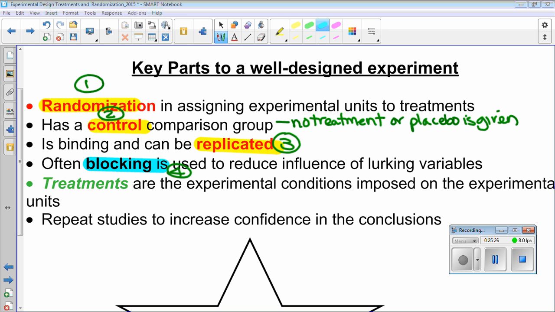Back to the heart medication, or the aspirin versus placebo. What is an example of a variable that might have an effect on that? What kind of people, that sounds weird, but is there a group that might respond differently to a treatment than others?